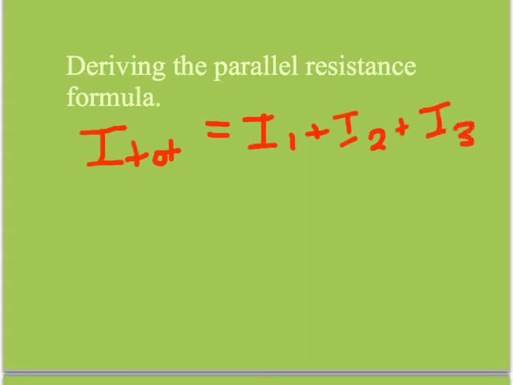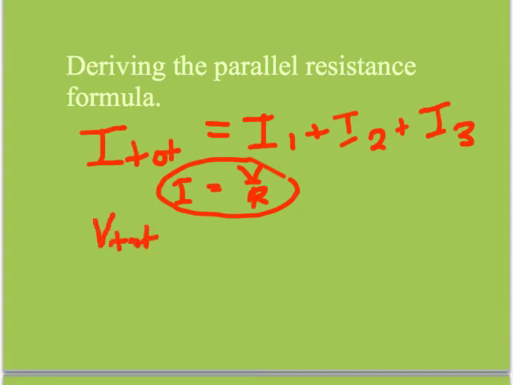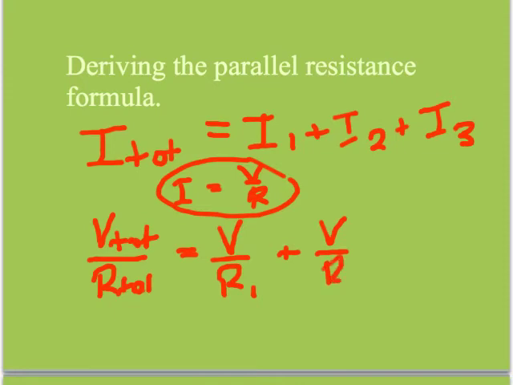But we do know that I equals V divided by R. Now we know that the I total must be the voltage total, which doesn't change, divided by the resistance total. That will be equal to V total, which doesn't change, divided by R1, plus V divided by R2, plus V divided by R3.